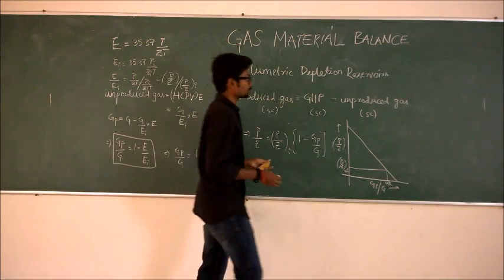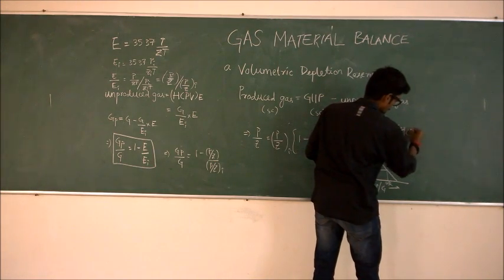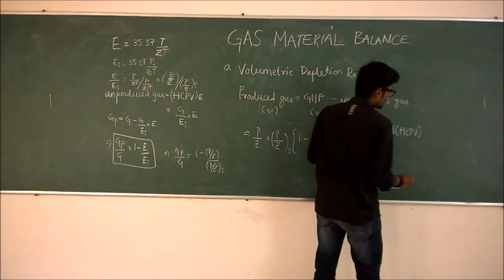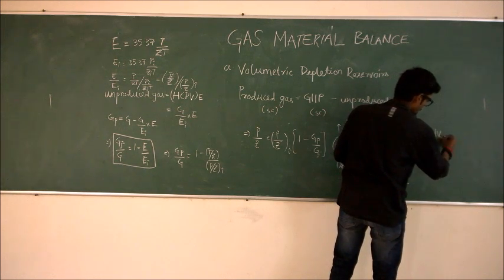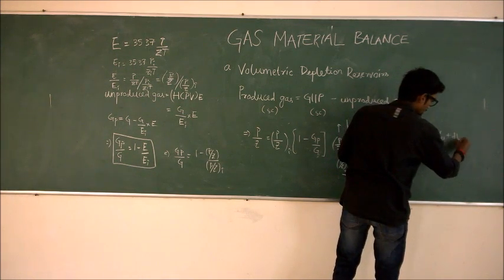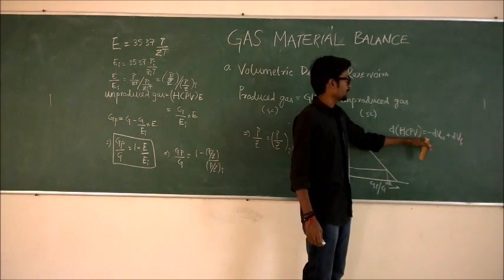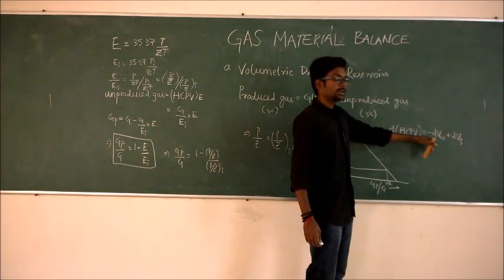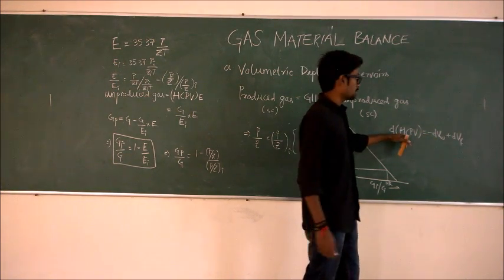So the change in hydrocarbon pore volume can be given as minus dVw plus dVf. Here the minus sign is evident because due to the increase in the pore water expansion, there is a reduction in the hydrocarbon pore volume.